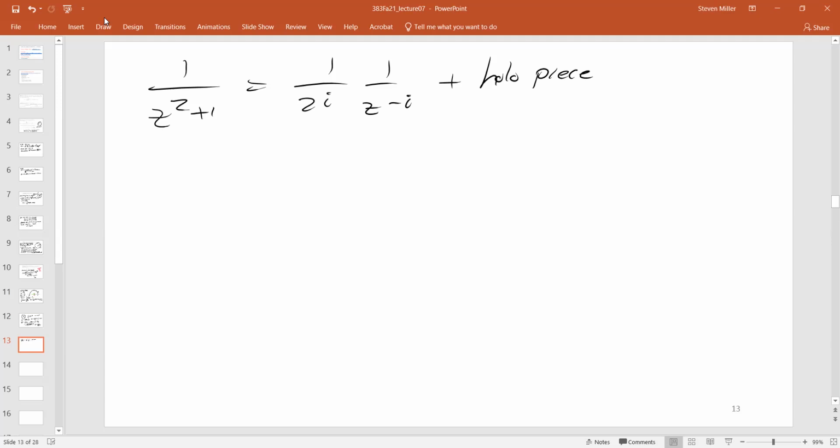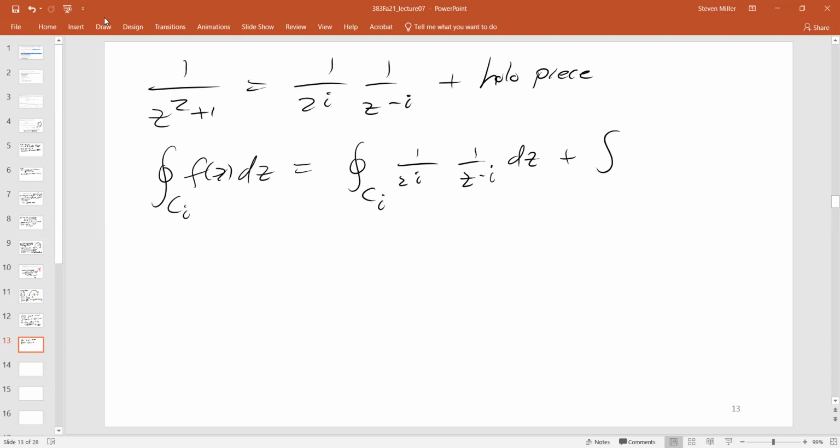And now when we integrate over the circle, we'll have a 1 over 2 pi I. Oh, actually, I don't think I have the 1 over 2 pi I. The integral of our function f of z dz is going to be the integral over the circle about I of 1 over 2I, 1 over z minus I, dz, plus the integral over the circle of something holomorphic.